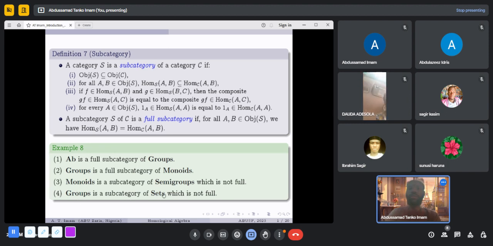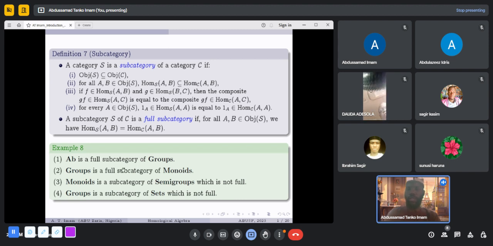Because if you want them to be morphisms in Set, you only need them to be mappings. You do not require them to be structure preserving. But here, the preservation of structure is a requirement. And so therefore, not every map between any two groups will be a morphism inside Groups.